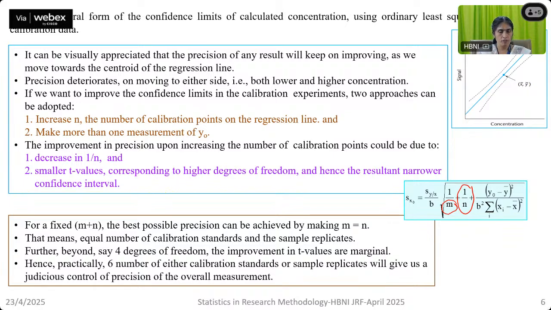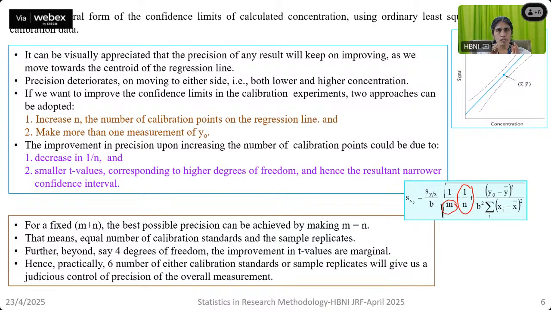And if you recall the previous discussions on the t values, t tables, beyond say 4 degrees of freedom, we had seen that there is only marginal improvement in the t value. So beyond 4 degrees of freedom, corresponding to 6 repeated measurements, which in turn will be similar for the number of calibration data, 6 calibration standards or 6 replicates of the samples will give us a judicious control of the precision of the entire measurement data.